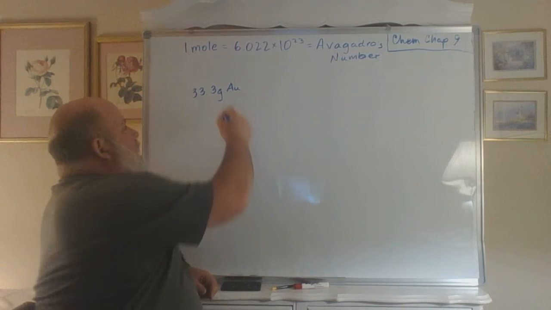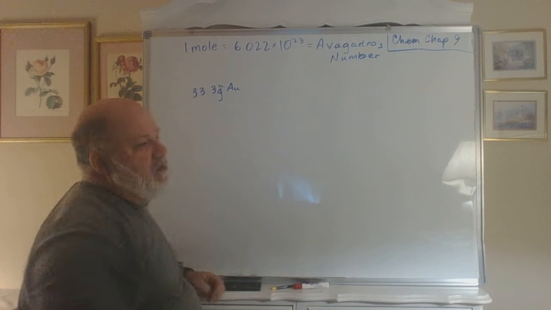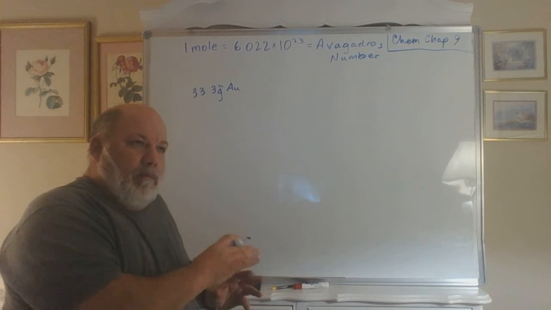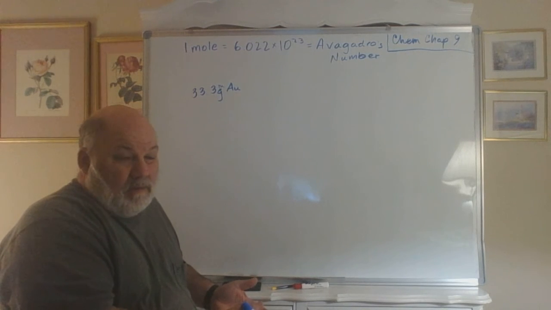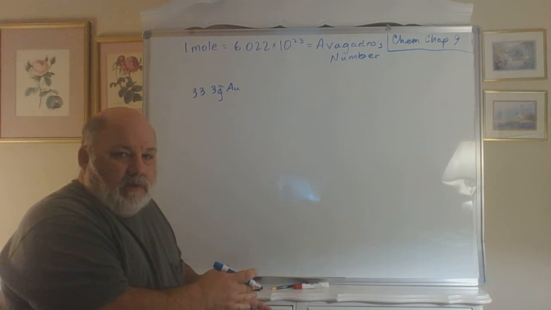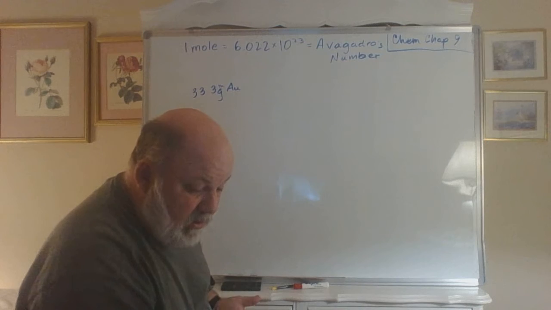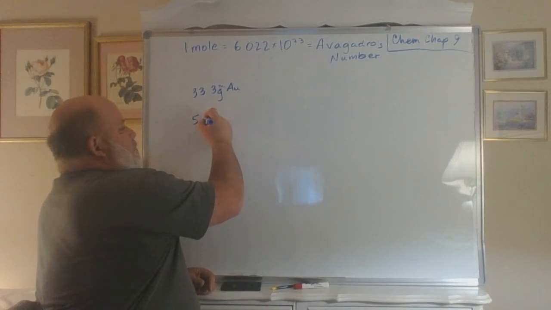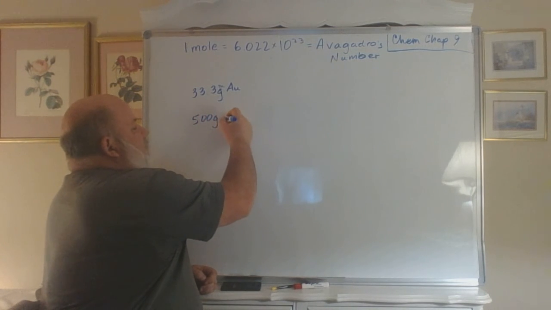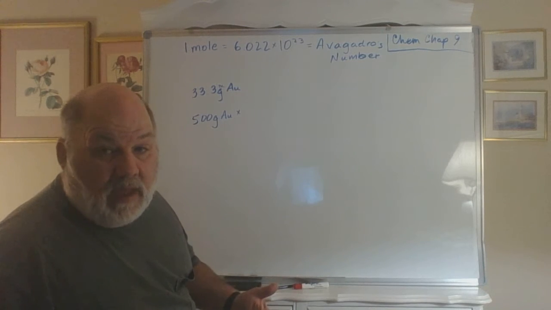Oh, no, they say milligrams. Well, the molar masses in the back of the book are all in grams. I wish they hadn't done this to you. In fact, let's just switch this up. Let's say how many moles in 500 grams? Let's be bold. 500 grams of gold. How many moles is that?